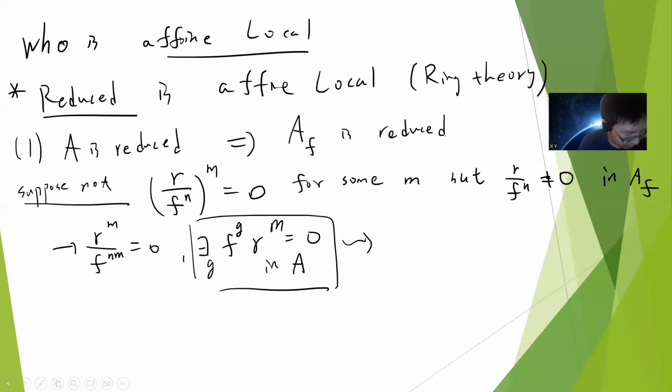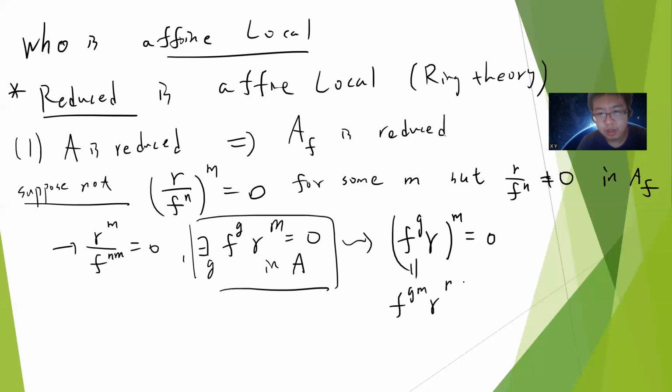So now what is going on? From here we get that (f^g r)^m is 0, because you can write this as f^g to the m times r^m, and it is 0 in A. But A is reduced, so this tells me that f^g r is 0.